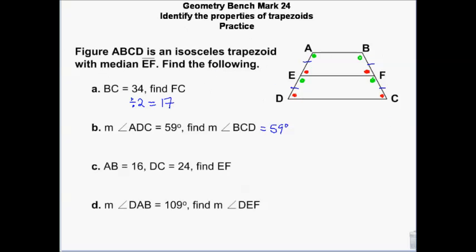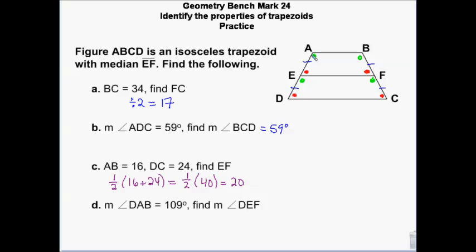Okay. Right. If AB is 16 and DC is 24, so I have the two bases, and I want to find the length of the median, it's 1/2 of the two bases added together. So that's 1/2 of 40, so 20.